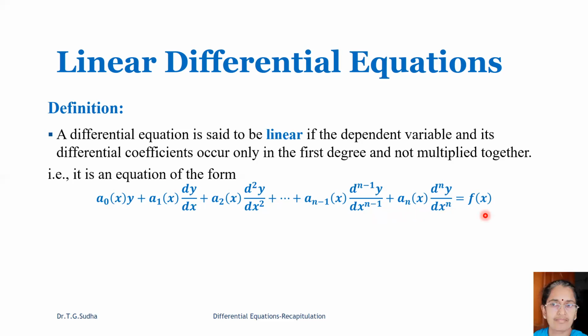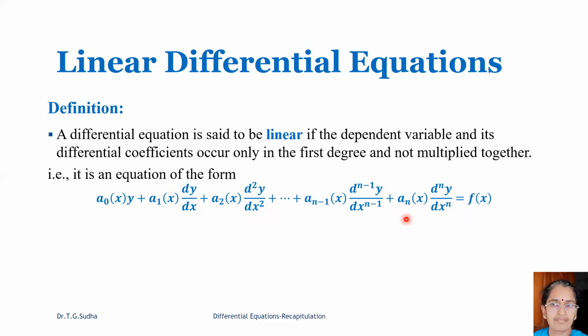equal to f of x. Here one can observe that y and its derivatives, that is dy by dx, d square y by dx square, etc. are not multiplied together in this expression.